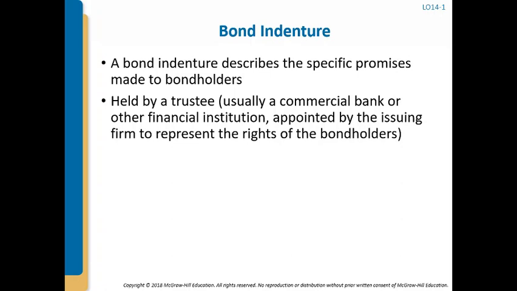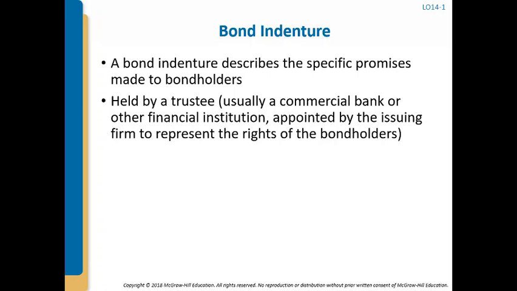When these bonds are issued, the issuing corporation designates a trustee, which is usually like a bank or a brokerage firm. And what that trustee does, especially if you have several buyers of these bonds, it would be very difficult to have a formal agreement with all of your bondholders if there are several of them.